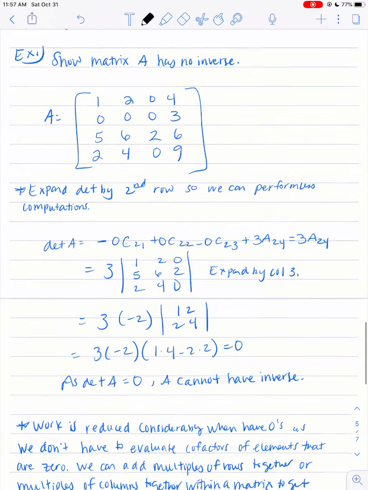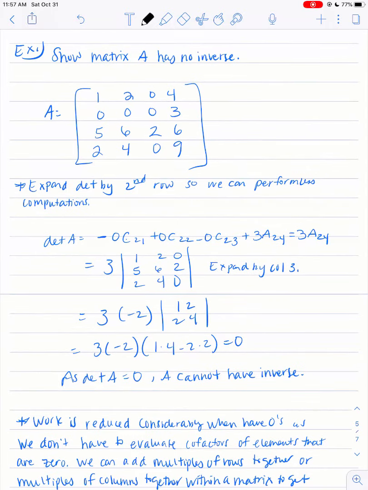Okay, so in this example, we're going to show that matrix A has no inverse. We'll find the determinant to see if it has an inverse first of all. But in this example, I'm going to expand the determinant by the second row so that we perform less computations. Let me turn the row red so we know that we're working with that row.